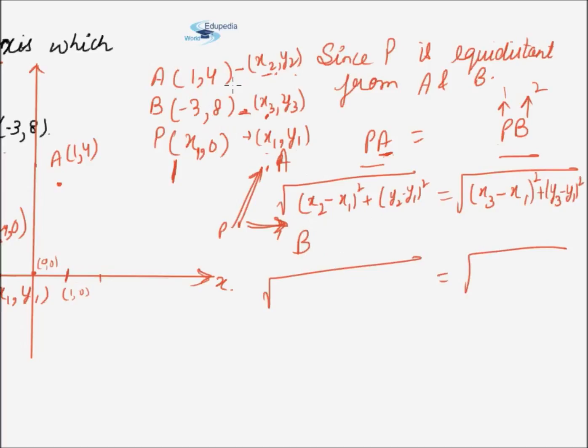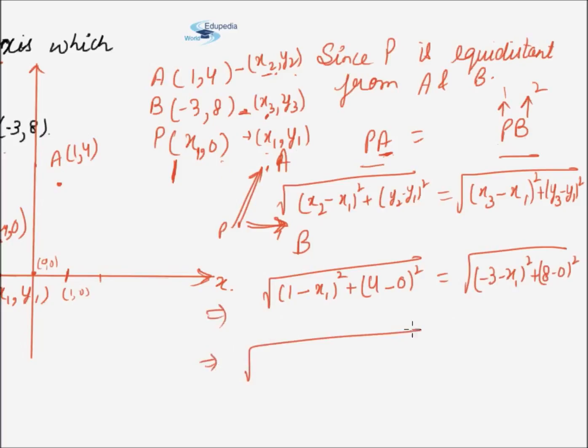x2 is 1, x1 is unknown value, y2 is 4 and y1 is 0. x3 is minus 3, x1 is unknown value, y3 is 8 and y1 is 0.